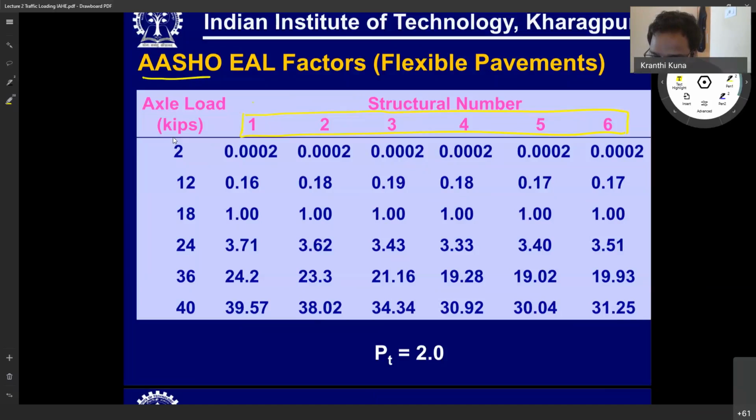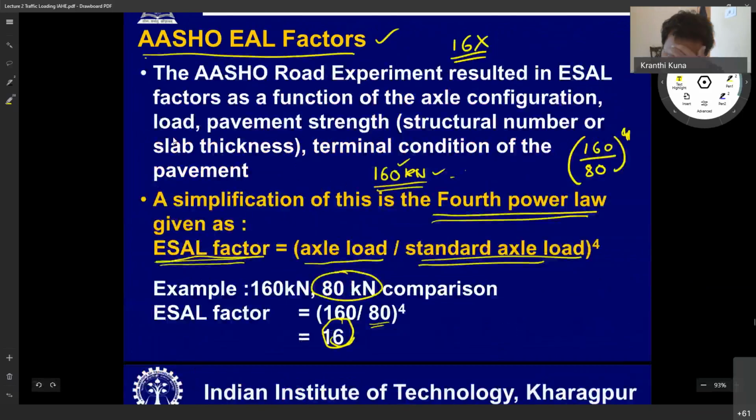Equivalent axle load factor is about one axle. Vehicle damage factor is different. Say you have a vehicle with one front axle and a rear axle, and assume both of them are dual just for now.